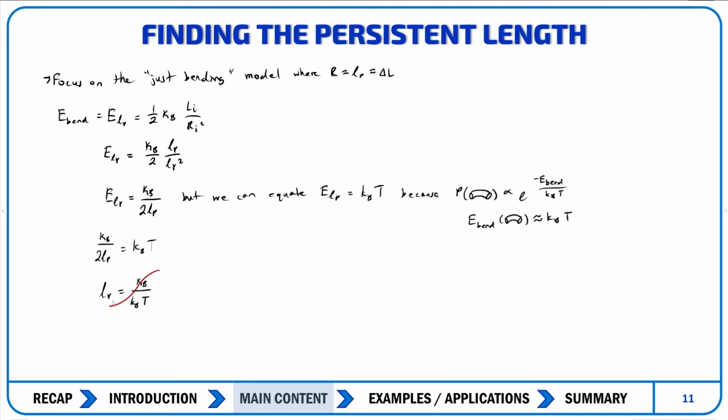I'll just highlight this because it's important. So we'll just label this as the persistent length of a worm-like chain model.